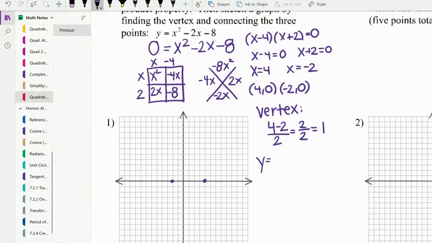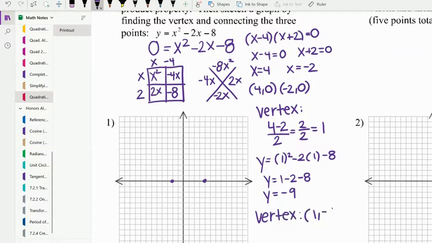So we get y equals 1 squared minus 2 times 1 minus 8. So y equals 1 minus 2 minus 8, which is negative 9. So our vertex is (1, negative 9).